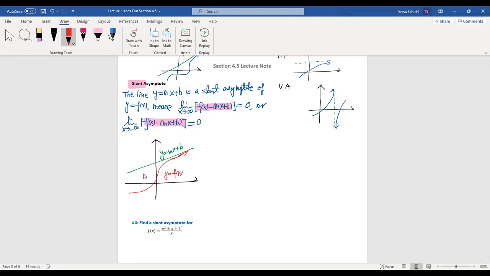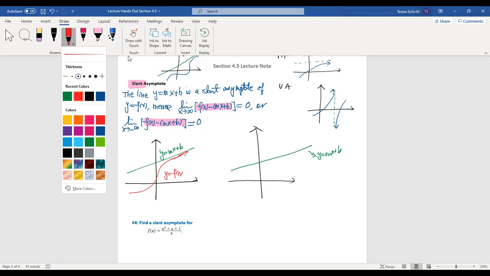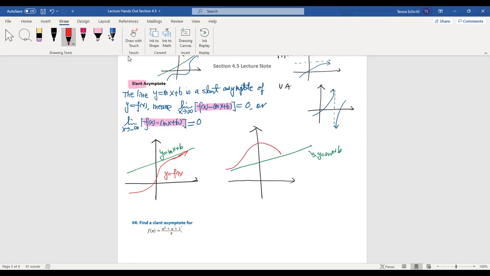As you can see, when x approaches infinity, the function gets closer and closer to this line. On the other side, let's see what happens as x goes to negative infinity. If my function goes like this, then as x approaches negative infinity, the function and the line get closer and closer, just like when x approaches positive infinity. So we say this line is a slant asymptote.